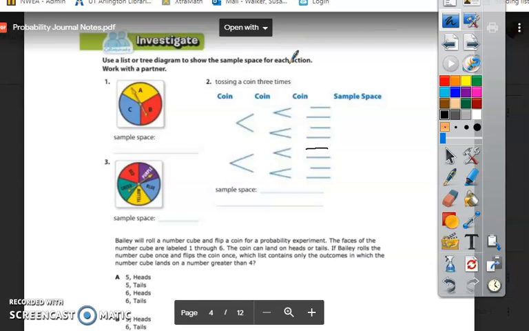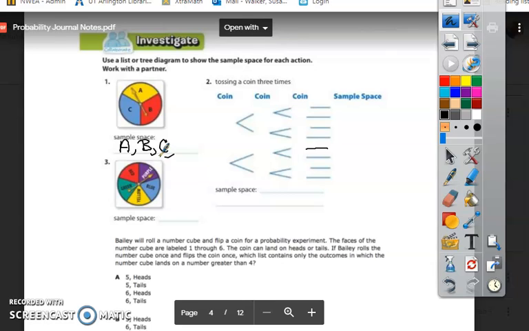Okay, so here, my sample space, it just doesn't say anything about how many times I do this. So if I just spin the spinner one time, I can get an A, a B, or a C, correct? We talked about this yesterday in our lesson. Just list. The sample space is your list, okay?